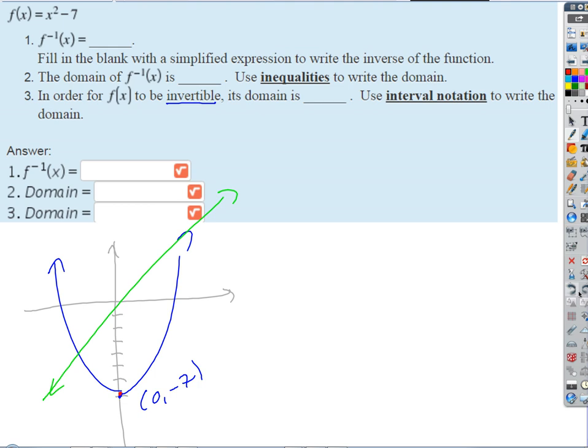So what is the horizontal line test? Well, all it's telling us, it doesn't mean that the blue relation is not a function. It is. It passes the vertical line test. But it means when I take its inverse, it's not going to pass the vertical line test, right? So one way of thinking about this is, in order for f of x to be invertible, there's two other ways we could describe that we've talked about.